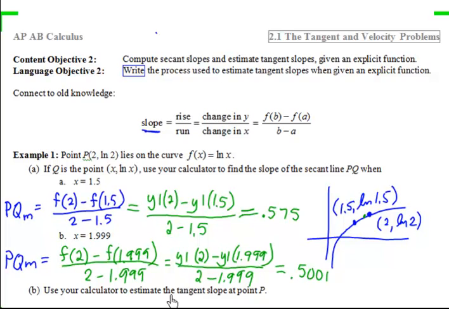So if we want to use our calculator to estimate the tangent slope at point P, our goal is to get 2 points that are super close together. We cannot use the same point, because if I had the exact same point, then I'd be doing b minus b, which would give me a 0 on the bottom, and that is not allowed. But I can get really close so that those two secant points are getting awfully close to each other.